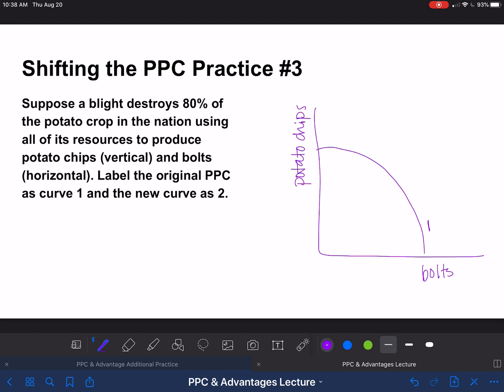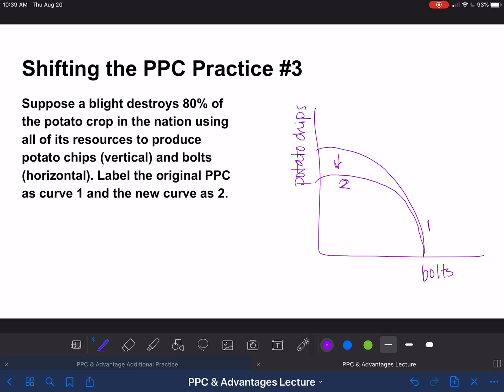So are we going to have a tremendous impact to our bolt production because we lost potatoes? No, we're going to have a big impact to our potato chip production, but our bolt production shouldn't change all that much. So our second curve is going to look something like this. And there's curve number 2.